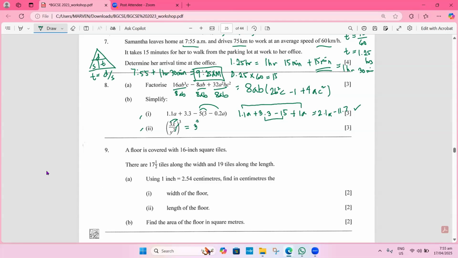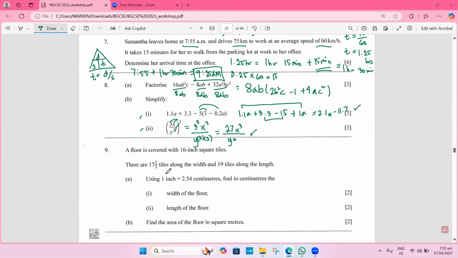So this will be 3 cubed, x cubed, and then 2 times 3 is 6. You multiply the exponents when you raise an exponent to another exponent. So 3 cubed is 27, x cubed all over y to the 6. That's the answer. Take a screenshot of the answer.